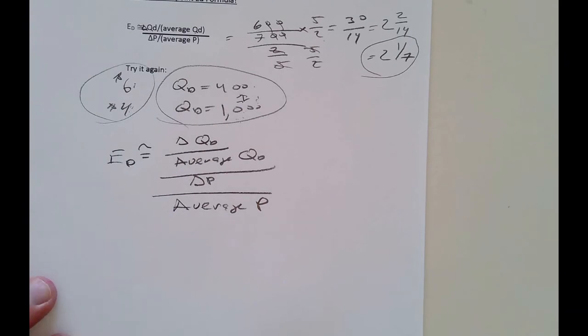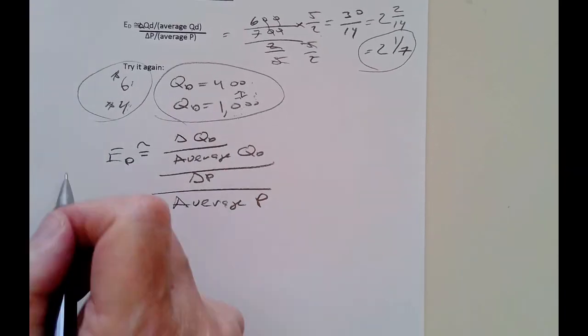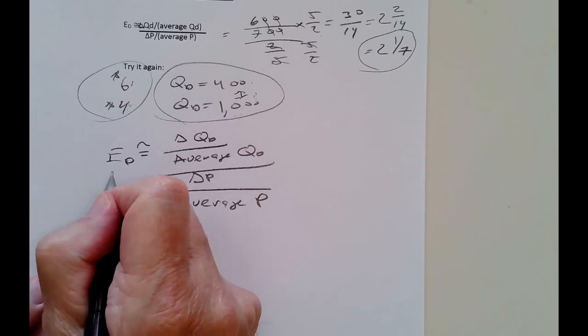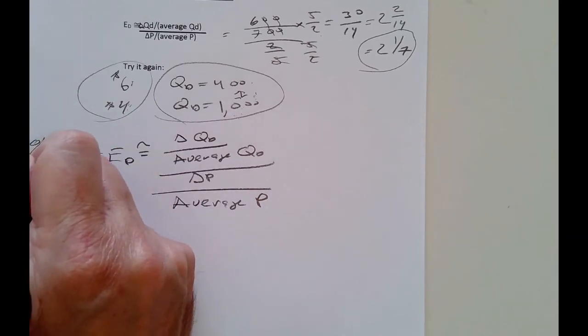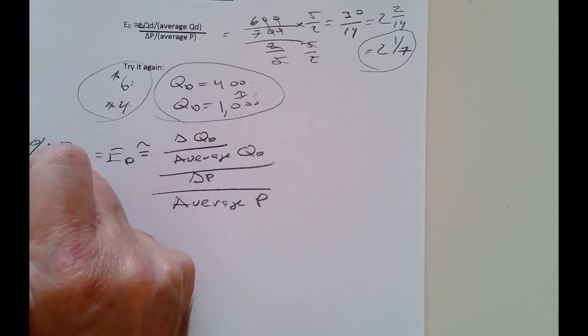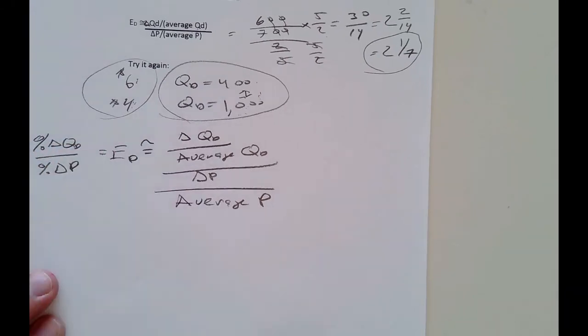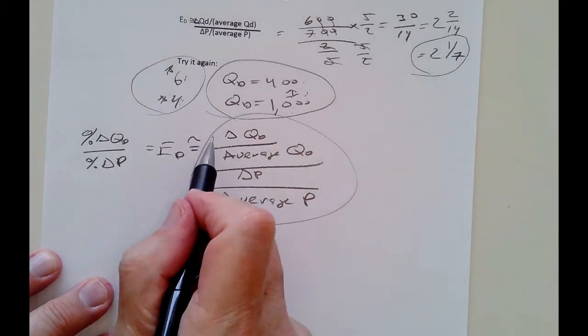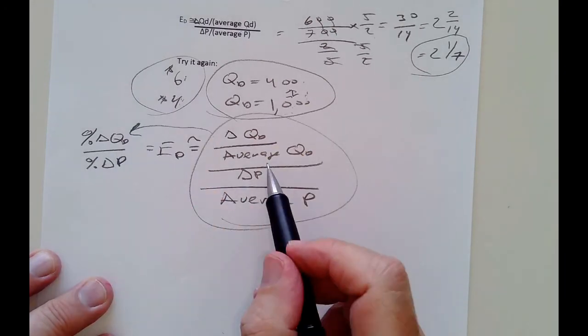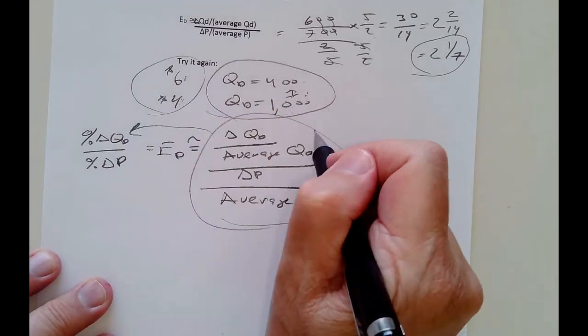And so we have two formulas right now. We have the midpoint formula, and this is used to estimate the definition, which is the percent change in the quantity demanded over the percent change in price. So this here is used to estimate that if we have price quantity data like up here.